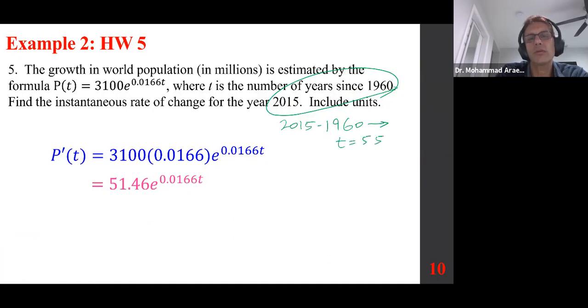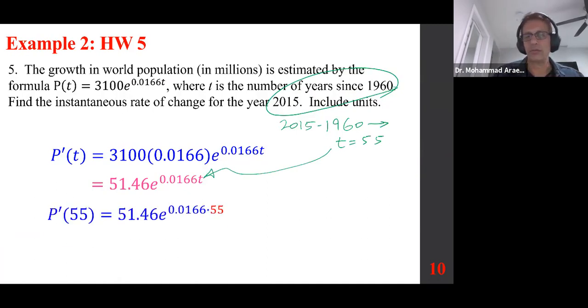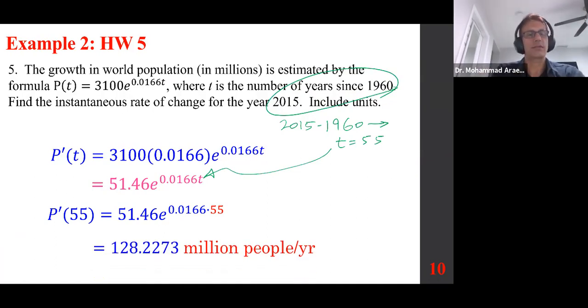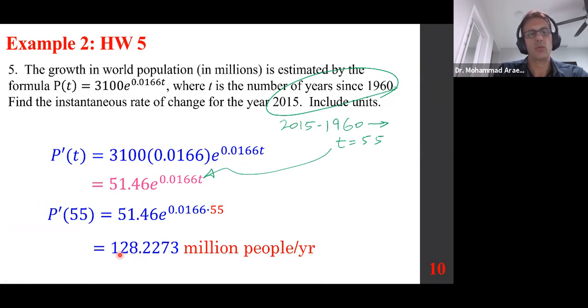So we are going to replace that and use a calculator, write the answer, and what it means. Okay, so 128.2273.